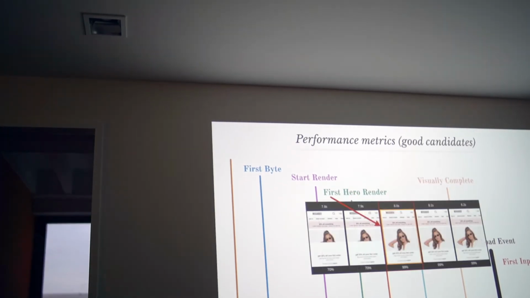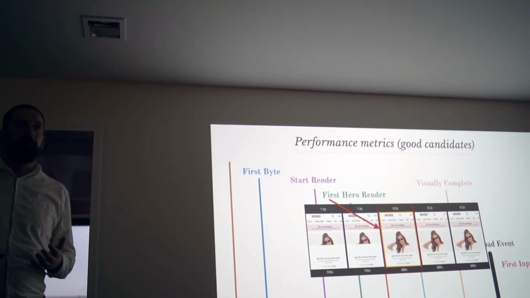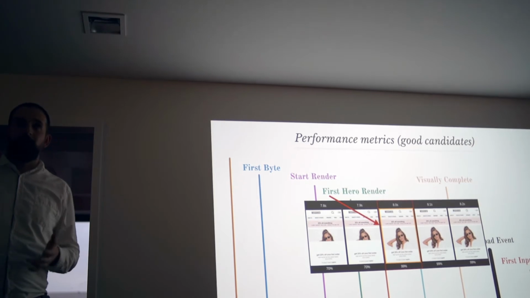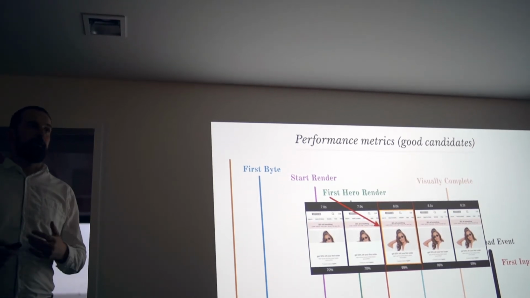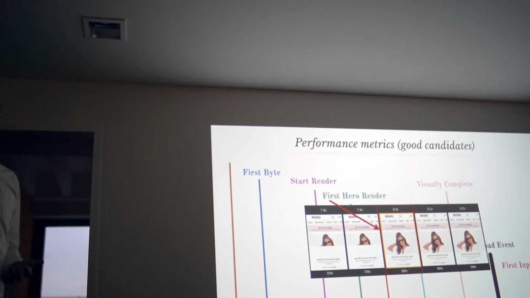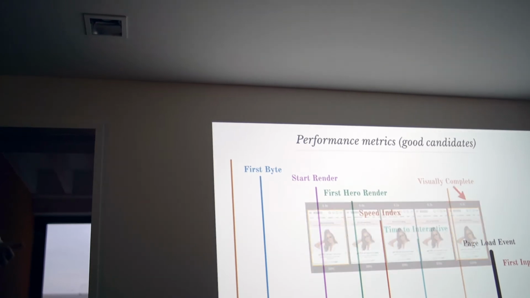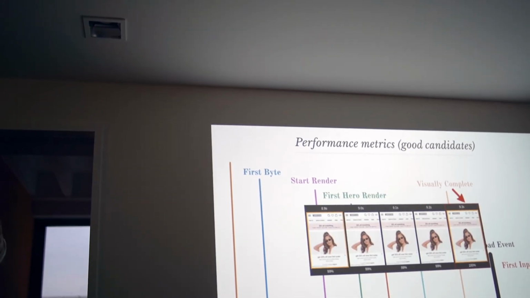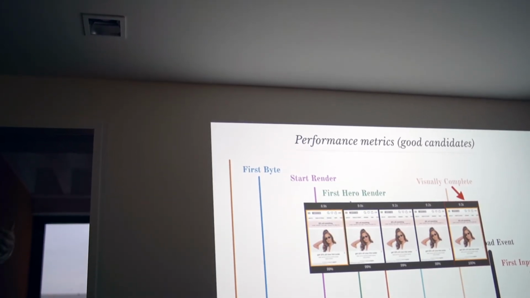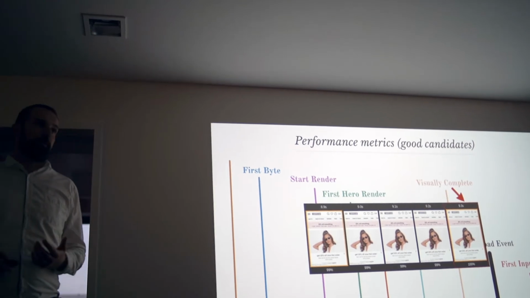Another thing in the context of Magento could be when the main product image is completely displayed on the screen. This could be really interesting for the visitors of our website. We can also check when the website is visually complete and there are no more changes happening on the screen.